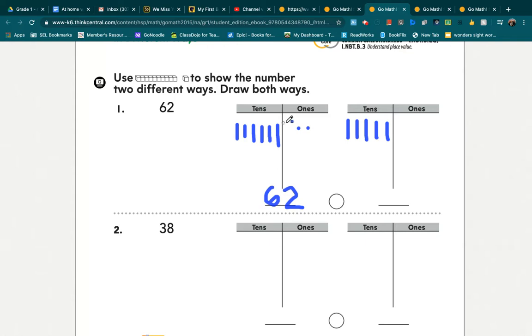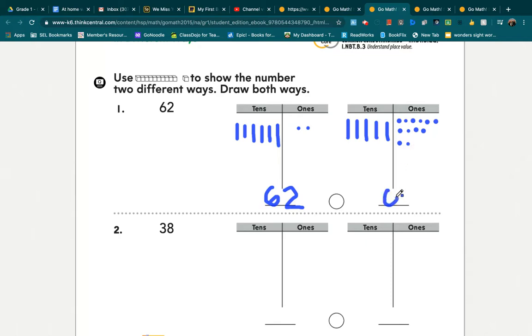I'm not going to draw this last group of 10 as a stick. I'm going to draw it as 10 ones. So we have 50 here, 51, 52, 53, 54, 55, 56, 57, 58, 59, 60. So that's that same stick, just in 10 ones. And then there's 2 more, 61, 62.